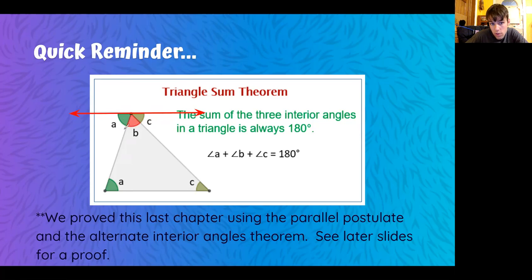So all of those angles, A, B, and C, can be represented up here, making a straight line, thus equaling 180. And that's the basic idea of the proof. We'll take a look at it later on, just to remember that. But what we really need to know and what we'll be using a lot is all three angles of the triangle add up to 180. That's going to be really useful when we know two of them to find the third.